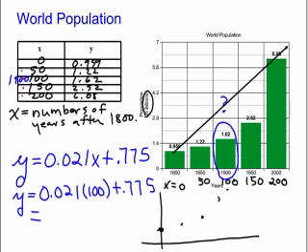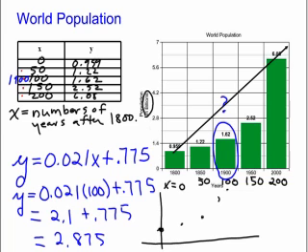Multiply this by 100. I'm going to get 2.1 plus 0.775. And if you add those together, you're going to get 2.875. Now look at this model and look where this model actually predicts. It predicts it somewhere almost to 3. So you can see in this case this model is off fairly significantly.